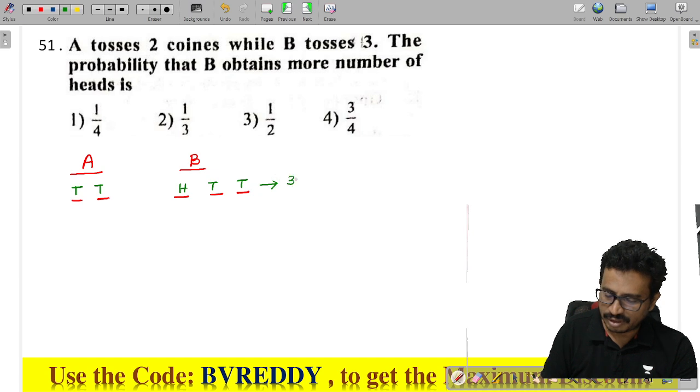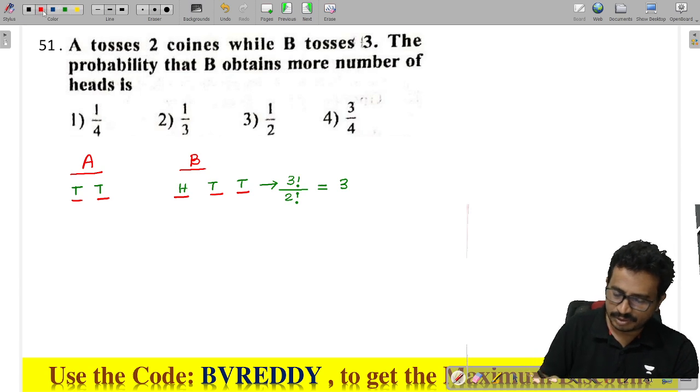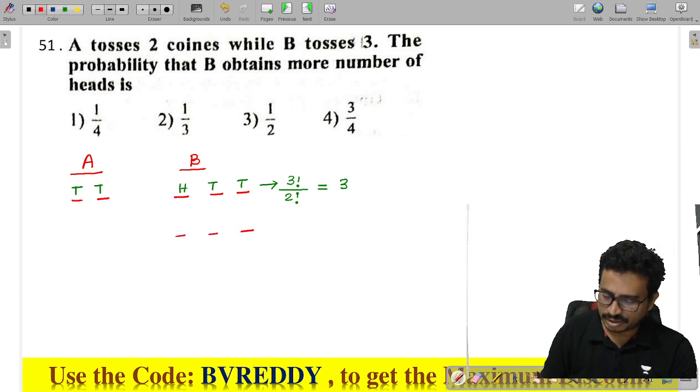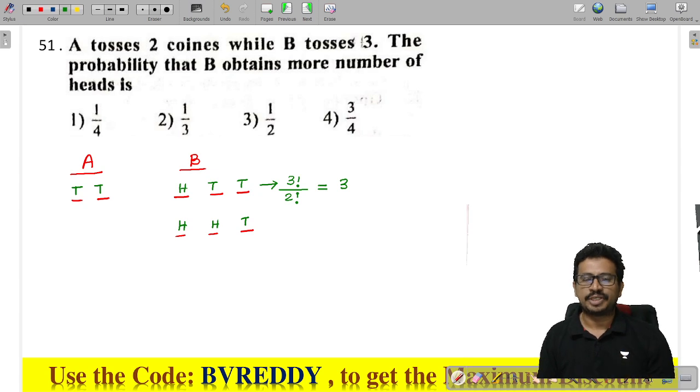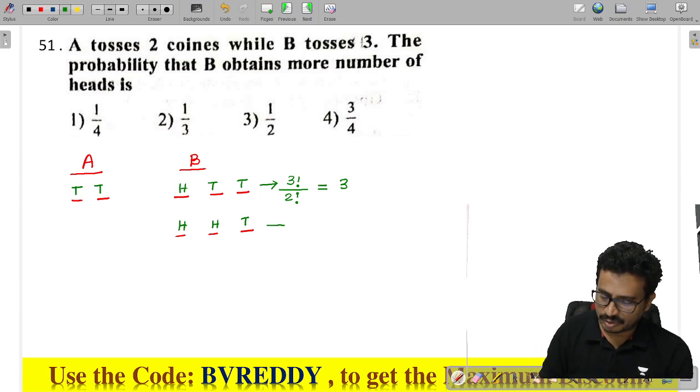Here, that is 3 factorial by 2 factorial for the tails repeated 2 times. Here we count arrangements, which is equal to 3. Next, what are the other combinations you can see? Now we get 2 heads and 1 tail, so in this case the above statement will also be satisfied. How many ways can we arrange it? 3 factorial by 2 factorial, so how much? 3.